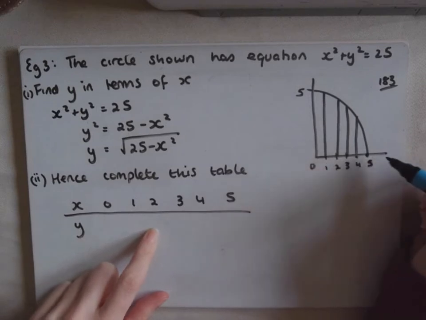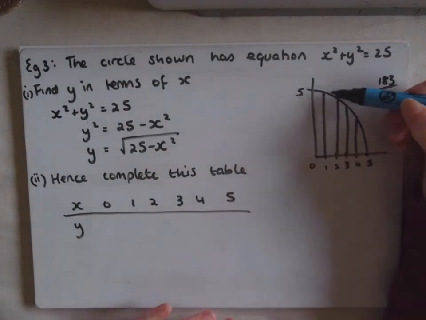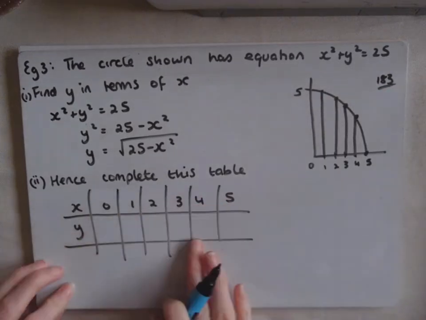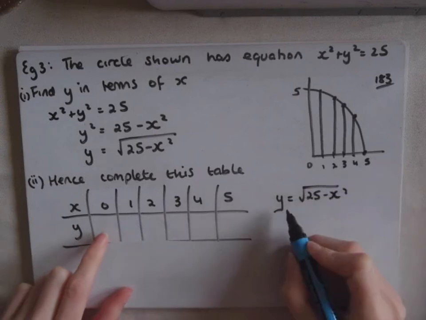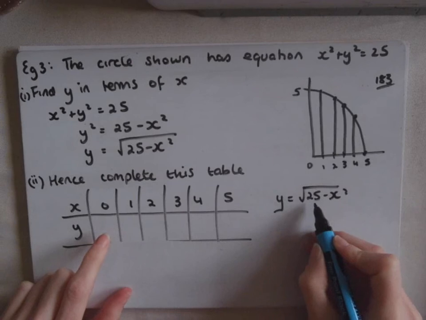Okay, so all I'm going to do is throw it into my calculator. Okay, y is the square root of 25 minus x squared. So it's going to be y is the square root of 25 minus 0 squared. Okay, so that's just the square root of 25, which is 5.